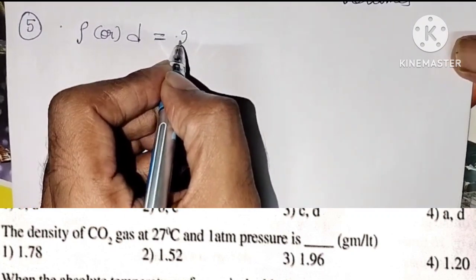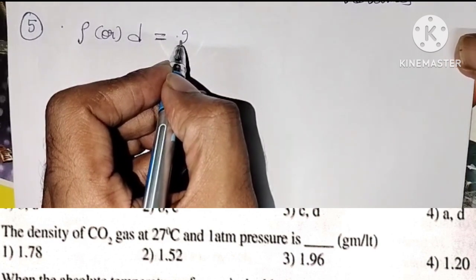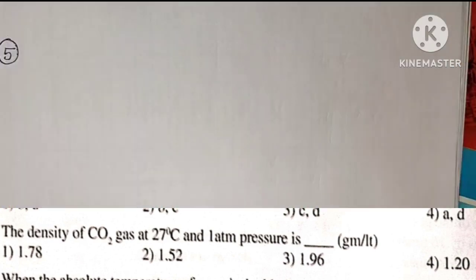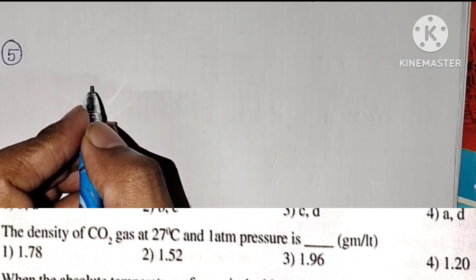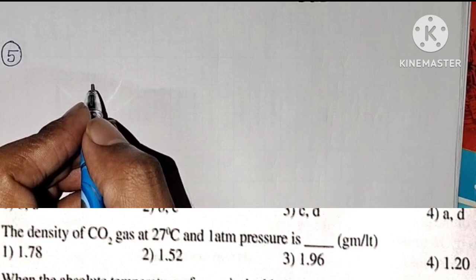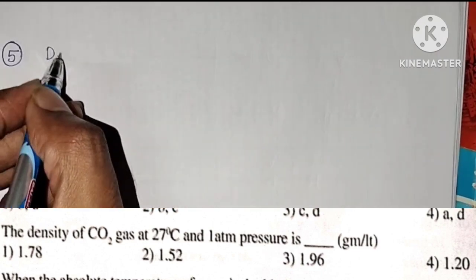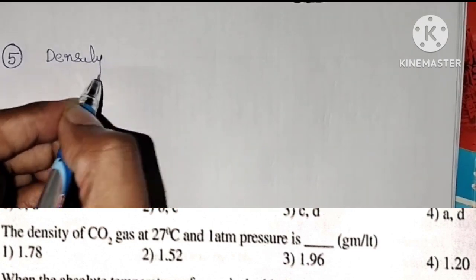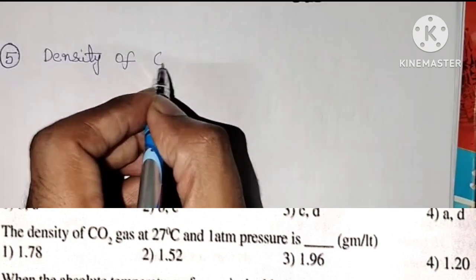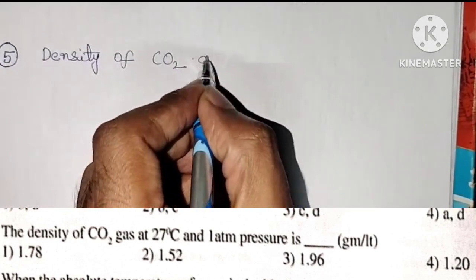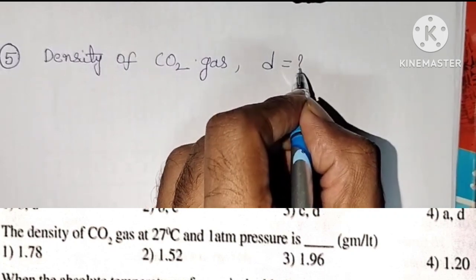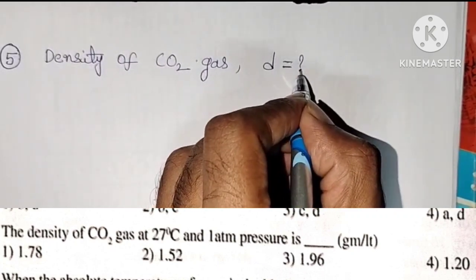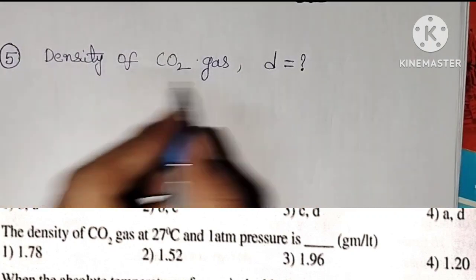We have to find the density of CO2 gas. D is equal to question mark.